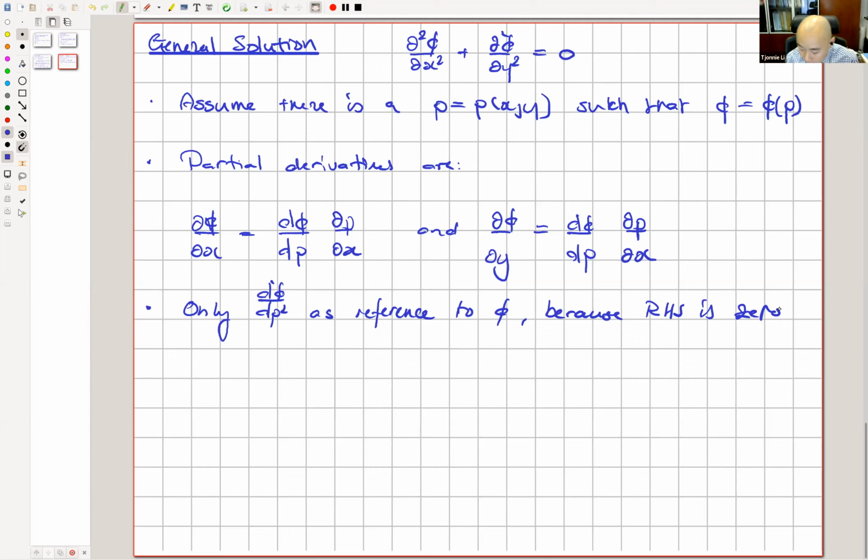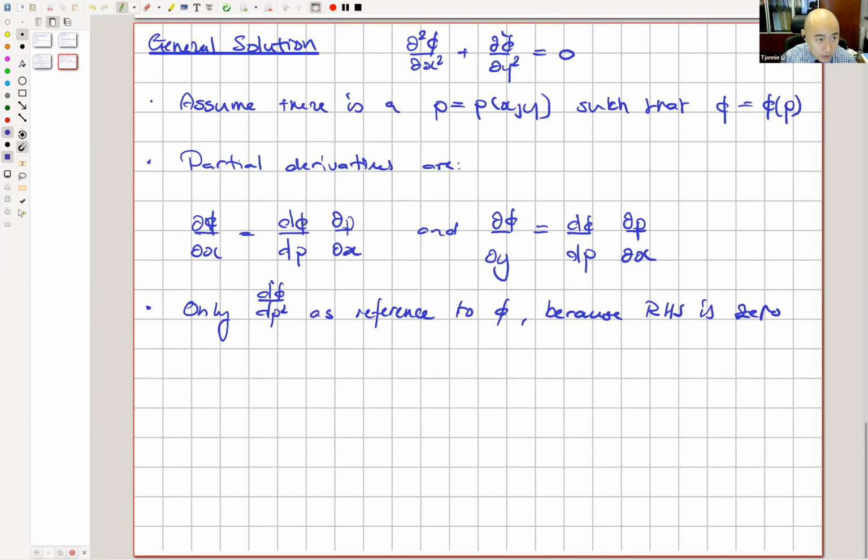What do I mean exactly by that? I want the only reference to phi to be the d phi dp, in such a way that I can take it out as a common factor.